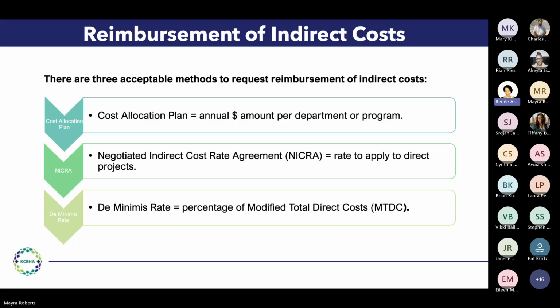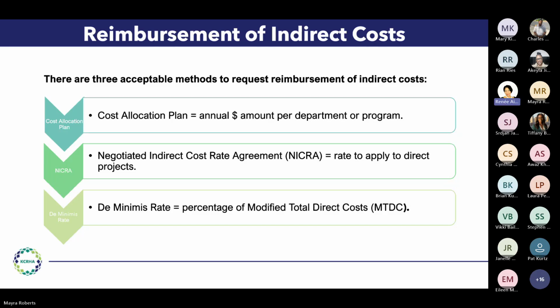If you have a negotiated indirect cost rate agreement, the rate is applied directly to your project, and most NICRAs contain certain exclusions. And then you have the de minimis rate, which is a percentage of the modified total direct costs. Right now, the de minimis percentage is 15%, but again, it is applied to a modified total direct cost because it requires certain exclusions.